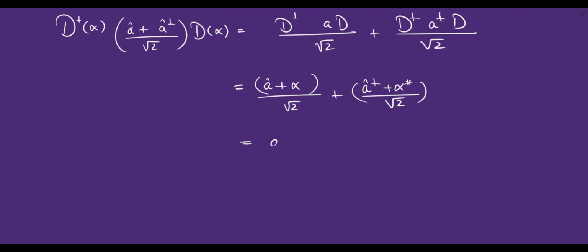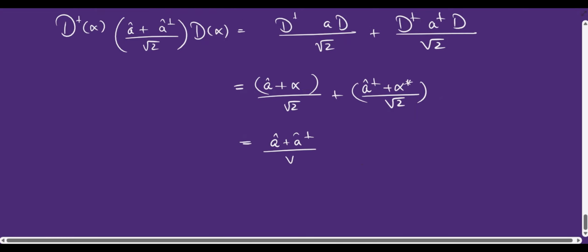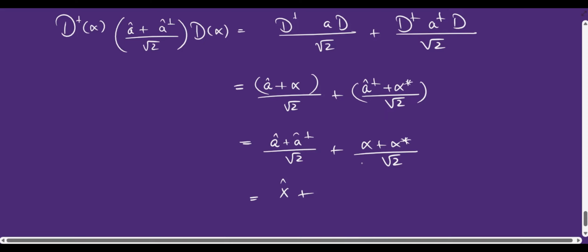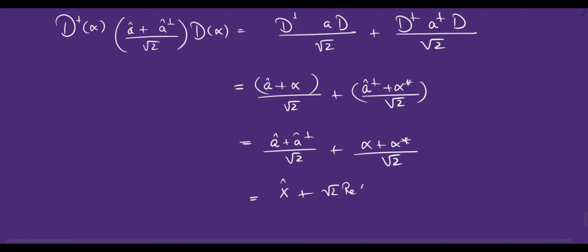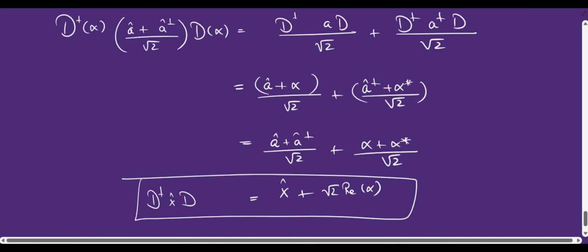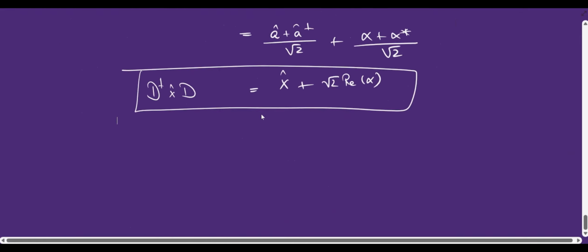So this we club together, plus alpha star by root 2. This is equal to x cap plus alpha plus alpha star, what is that? Real part of alpha by root 2. So I multiply by root 2 here and divide by root 2 here. So this should be giving me real part of alpha. So we just saw that d dagger of x cap d is this, as I had just mentioned over here.